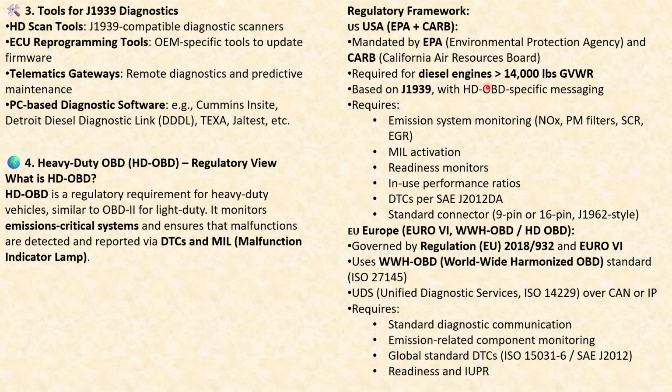It is required for diesel engines, especially when their gross vehicle weight rating exceeds 14,000 pounds, and based on J1939 with HD-OBD specific messages, it requires emission system monitoring, which monitors NOx, particulate filter, selective catalytic reduction, and exhaust gas recirculation. It also requires MIL activation, readiness monitors, in-use performance ratios, and DTCs per SAE J2012 DA. Then the standard connector is 9 pin or 16 pin, J1962 style.